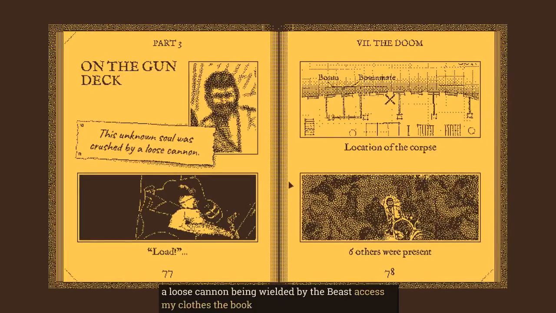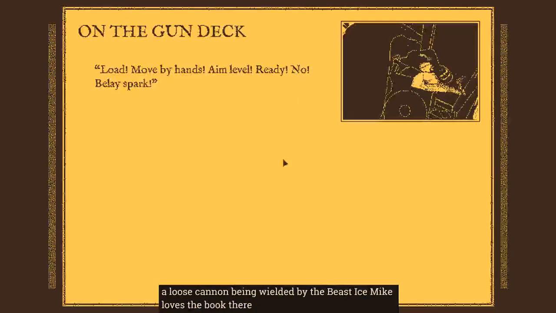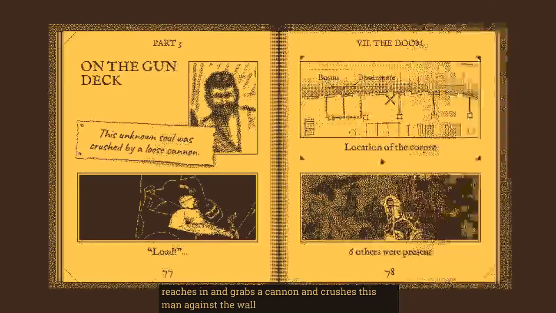Accidentally closed the book there. While the gunners are attempting to load and shoot the cannons, the beast reaches in, grabs a cannon, and crushes this man against the wall with it.